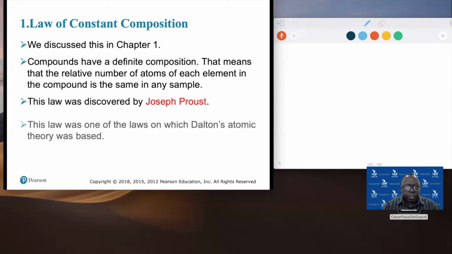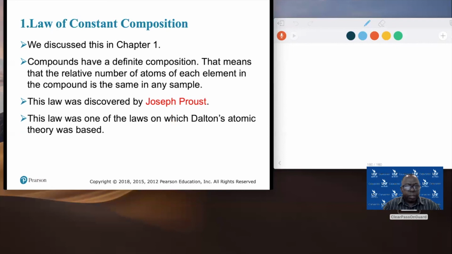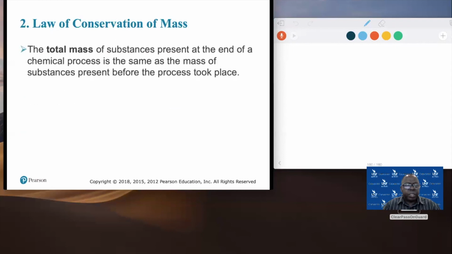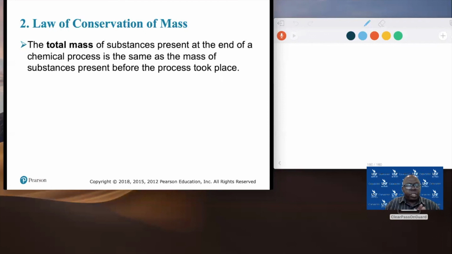The law of mass conservation states that matter cannot be created or destroyed. The total mass of the reagents you start with should always be the same as the end results.